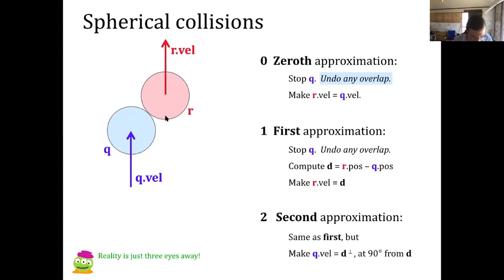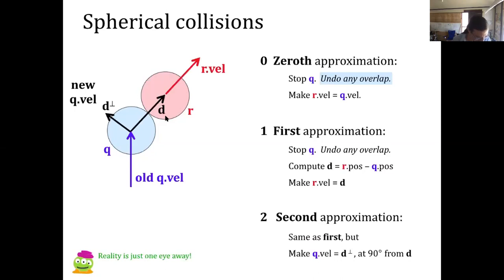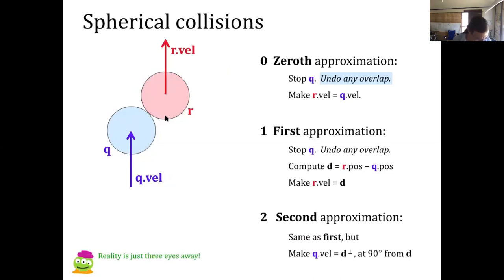So the first approximation is what you're seeing in this picture: your ball Q is moving. When you see some overlap, then just stop Q, just make it freeze, and make the red ball's velocity equal to what the Q ball's velocity used to be.